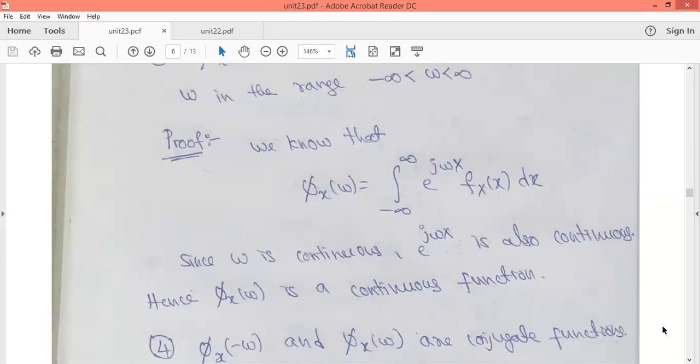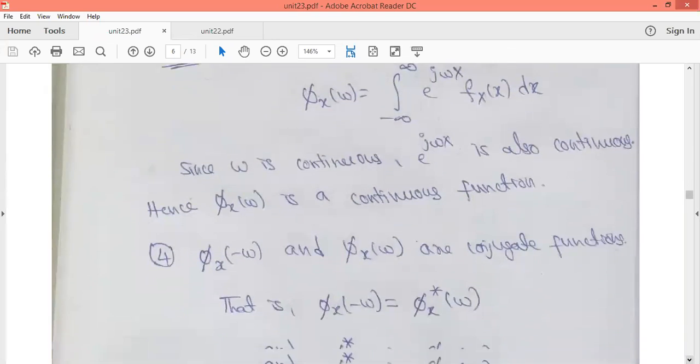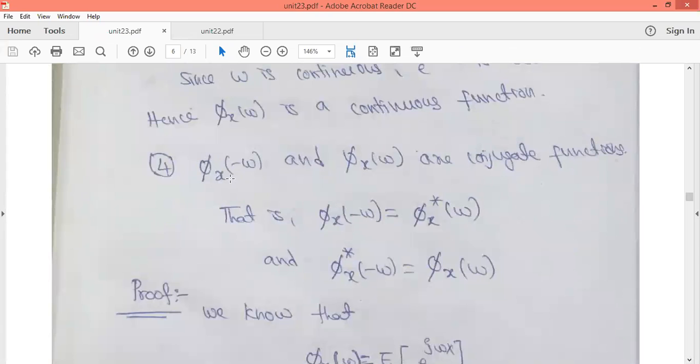Now we see the fourth property. This is a very important property: phi x of minus omega and phi x of omega are conjugate functions. Phi x of minus omega can be written as phi x star of omega, which is nothing but the conjugate of phi x of omega.